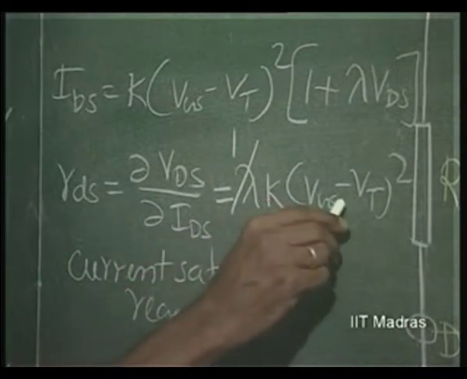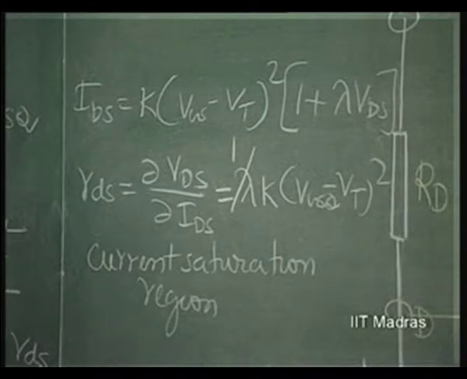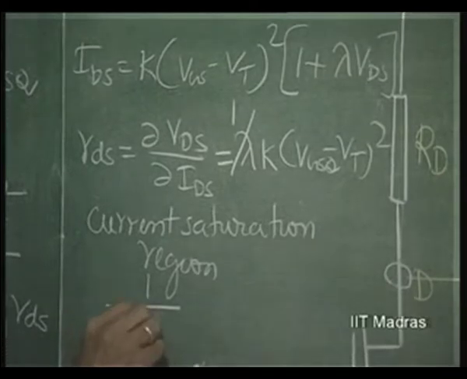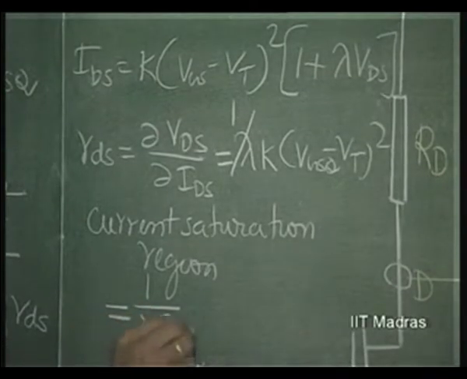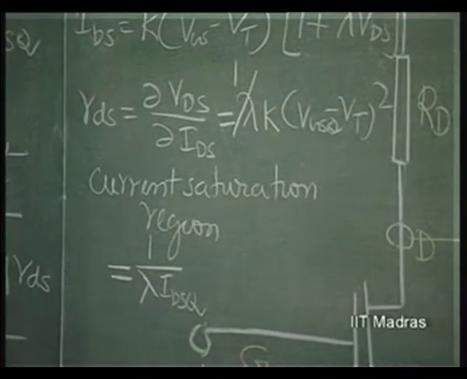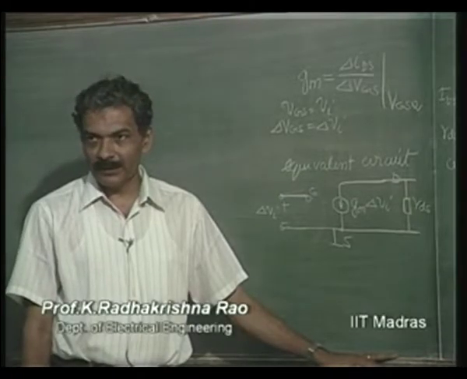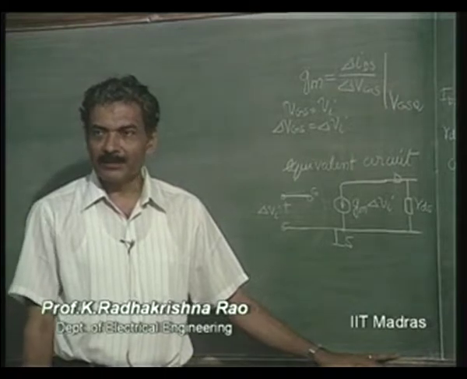So we will put this as VGS Q. So K into VGS Q minus VT whole squared is really IDS Q. So you can obtain this as 1 over lambda times IDS Q. This lambda should be given by the manufacturer, or you have to make some arrangement to measure it.